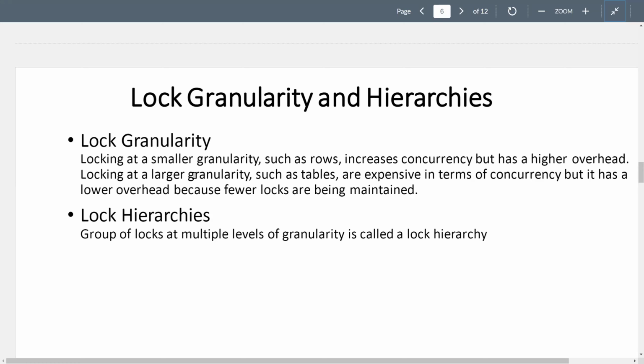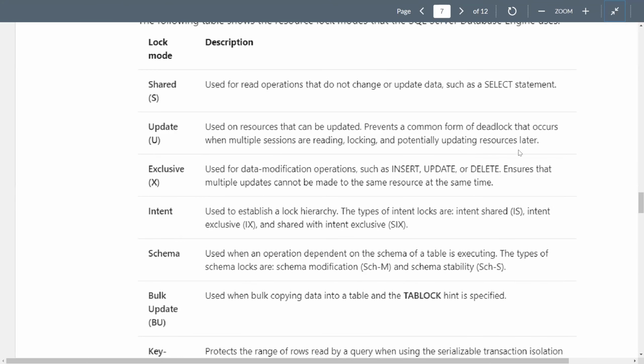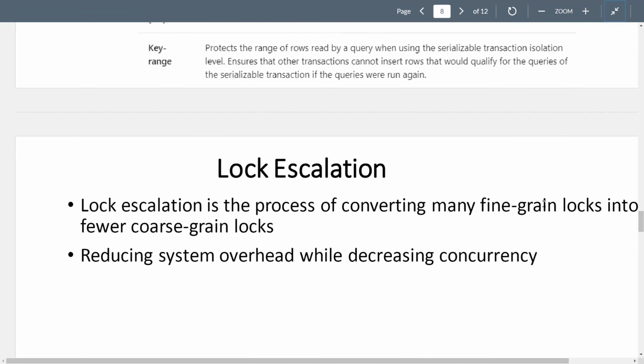For example, if you are working on the entire table, you will lock up the entire table. If you are just updating a record, you lock up that specific record. So we have locks at different levels of the data hierarchy. We call that lock hierarchies. And we have different types of locks here. So you can just read through them. And this is a very common interview question.